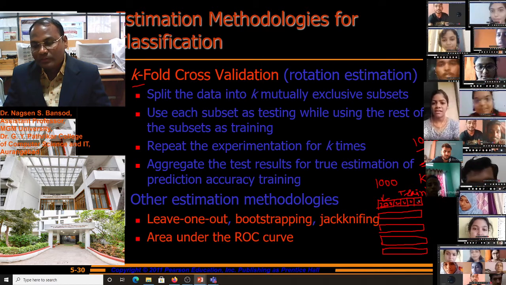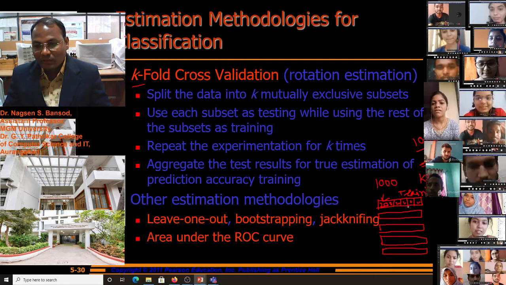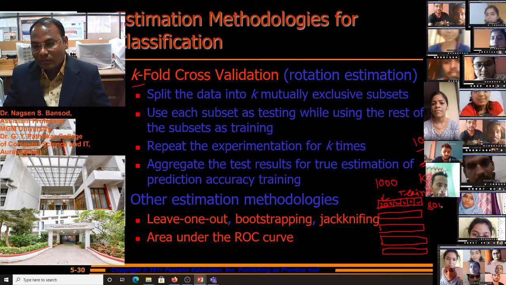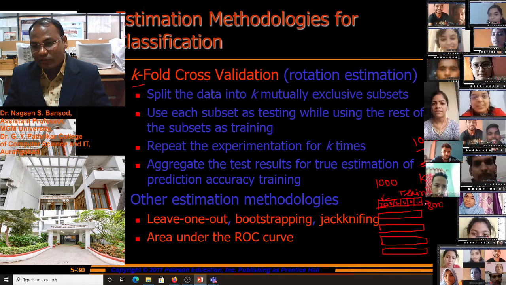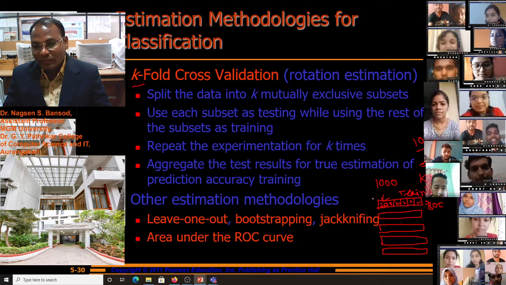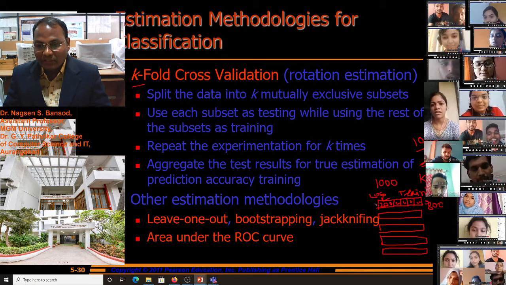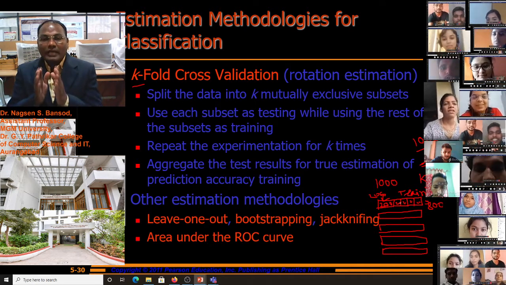How many records will be there for training? 800. For training 800, and for testing we keep only the first 200, and we see the accuracy of the classification.